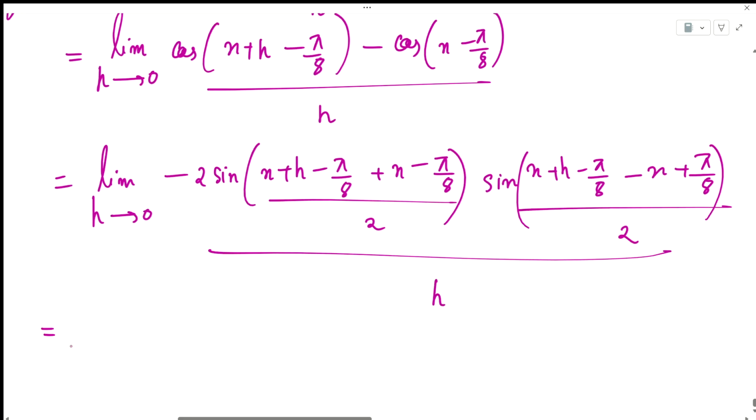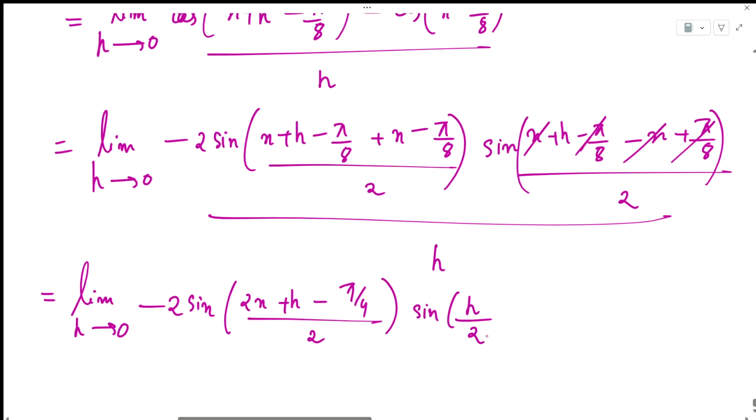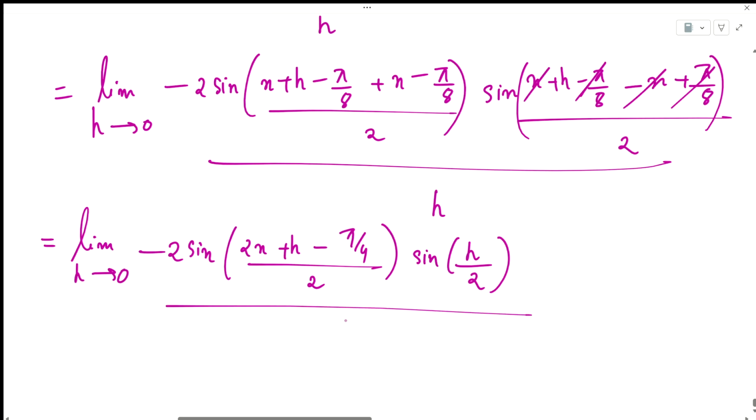So this is going to give me the limit as h tends to 0 of minus 2 sine, you see x plus x is going to give me 2x, so (2x plus h minus pi by 4) divided by 2, and sine of h by 2, since x minus x is gone and minus pi by 8 plus pi by 8 is gone. Since we have sine of h by 2, I need 2 in the denominator with h as well, right?